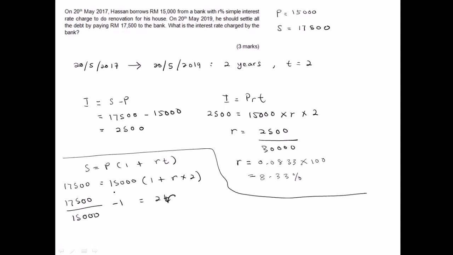Here we get 1 over 6. 1 over 6 equal to R. Okay. So move 2 to the other side. 1 over 6 divided by 2.